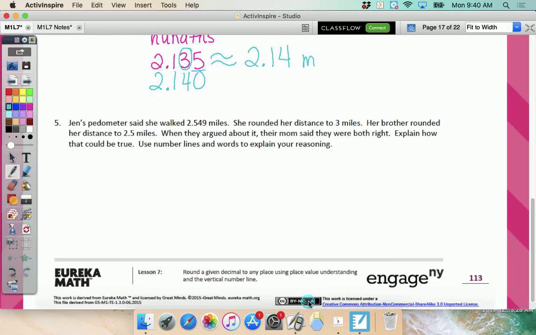Okay, the next one is really good. So I think we'll go ahead and answer it. Jen's pedometer said she walked 2.549 miles. She rounded her distance to 3 miles. Her brother rounded her distance to 2.5 miles. When they argued about it, their mom said they were both right. Explain how that could be true.